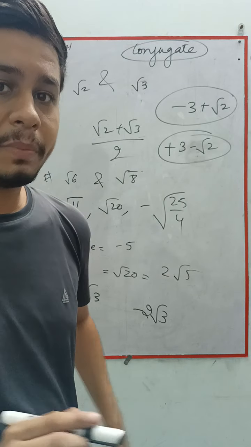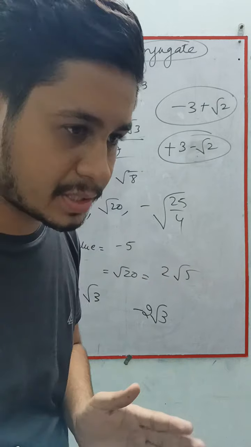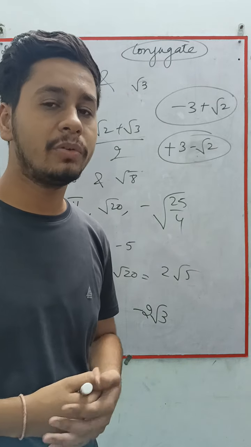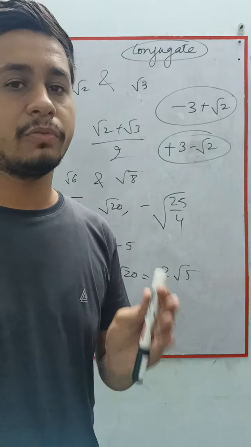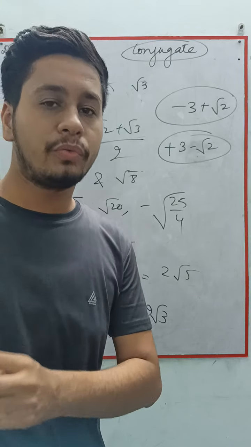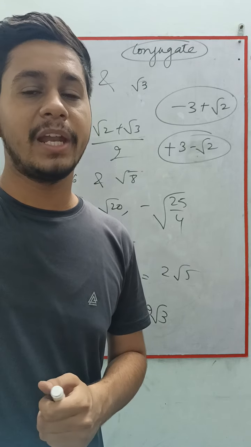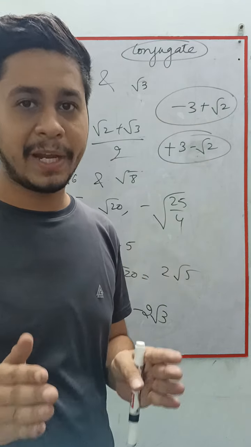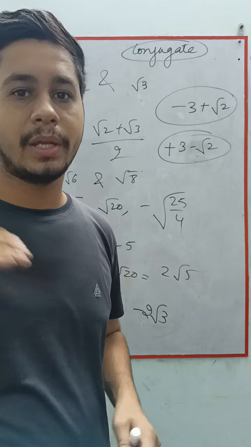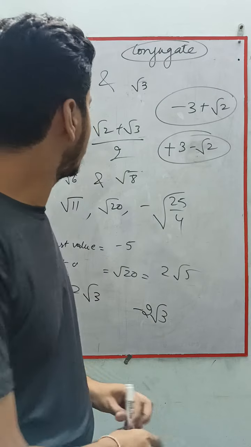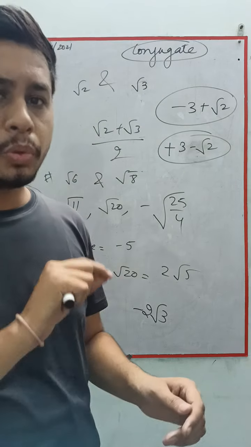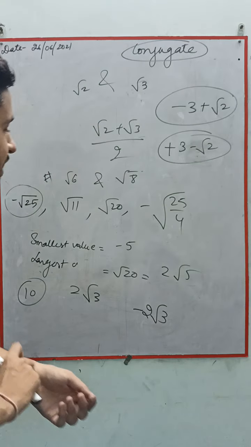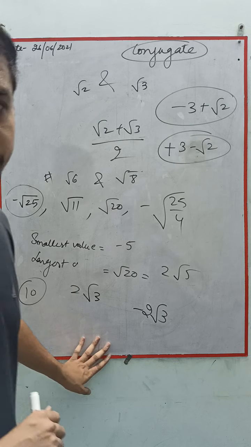I'm not asking you to make the project, but understand the concept. I will share one video with you where the representation of root 2, root 3, root 4, root 5, root 6, root 7 and so on up to 9 is explained by me. So you can take help from that video. That also you have to do in your fair copy. I will tell you. Okay, so do up to the 10th question.